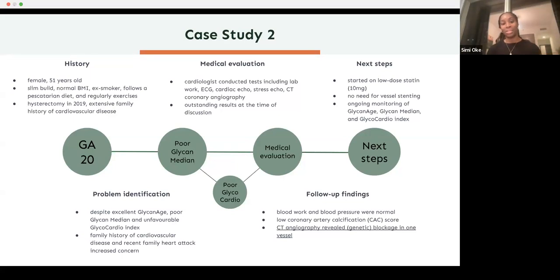And so this triggered her to go and have these further investigations. And eventually, she was started on the correct profile for her, which, from a traditional medicine point of view, is a low dose statin and blood pressure lowering medication as well. And so, yes, she didn't have any lifestyle intervention. However, she did have some medical interventions that did help lower her risk as well.